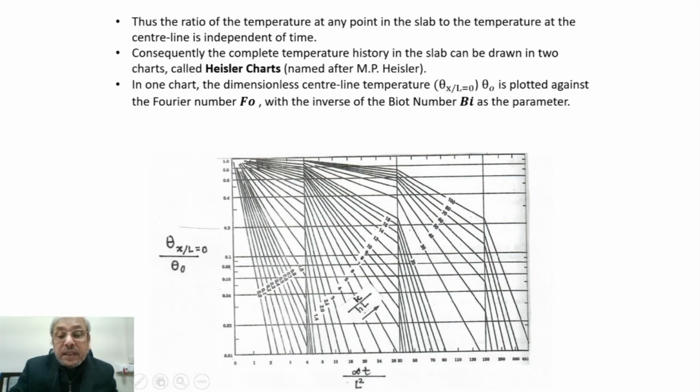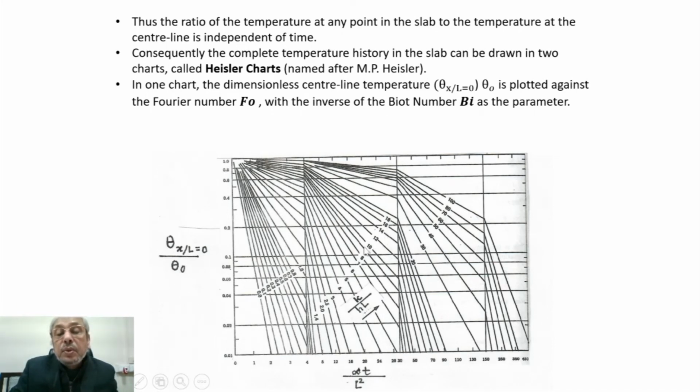So this axis is alpha t by L square, the Fourier number. So with time this will change, and this parameter we can see is the inverse of Bi number. Here it's in decimal points up to 1. Here it's up to 18.